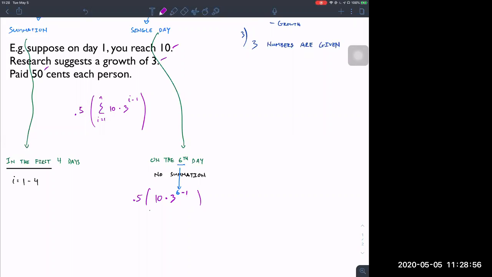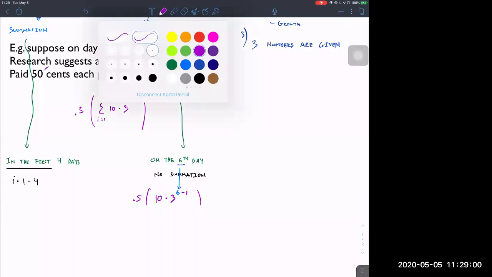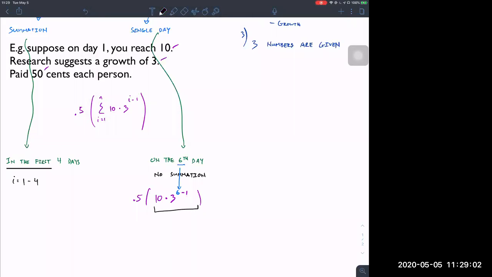And remember, this portion gives you the amount of stuff, whatever it may be. Remember, likes, views, people, hits, traffic on a website.